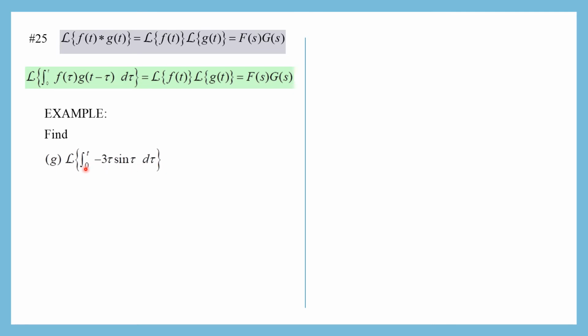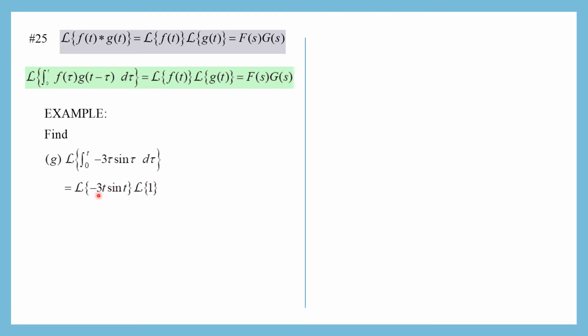Okay, so let us apply formula number 25. Remember, for formula number 25, the tau must be changed into a t. That means the Laplace transform of this given integral is equal to the Laplace transform of negative 3t sin t multiplied by the Laplace transform of 1, since the second function is just a constant 1.